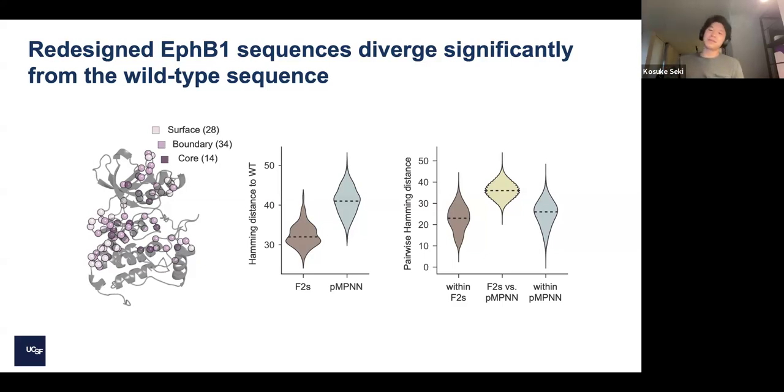But if you compare a frame to seq sequence with a protein MPNN sequence, you can see that those also have many, many mutations away from each other. All I'm trying to say here is that not only are we making many, many mutations, but the use of these two different models is able to give us a broader range of sequences than if we were to only use, for example, protein MPNN, which is the state of the art that people typically use.